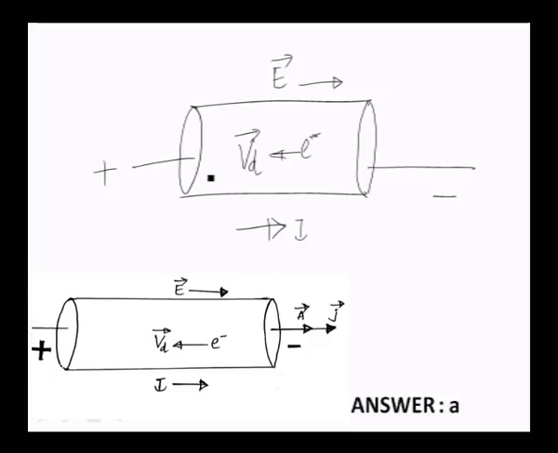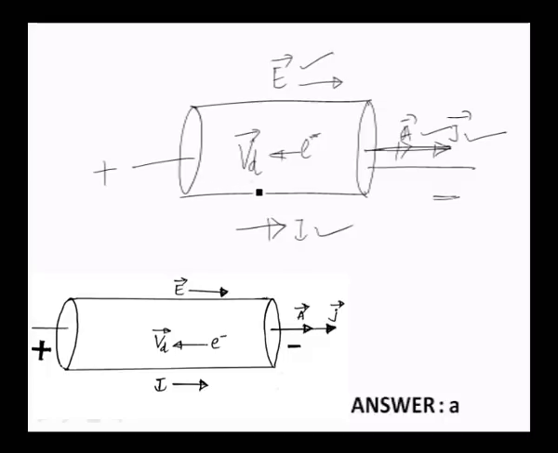Definitely the positive charges move in this direction, therefore the current density is in this direction. Similarly, the area vector is also in the same direction. From this diagram we conclude that the electric field, the current density and the area vector are all in the same direction, and only the drift velocity is opposite to this.